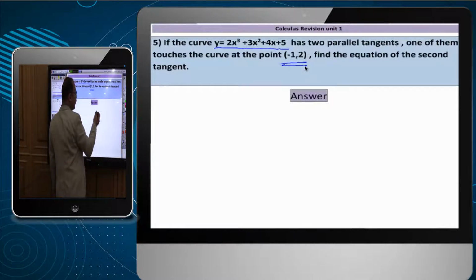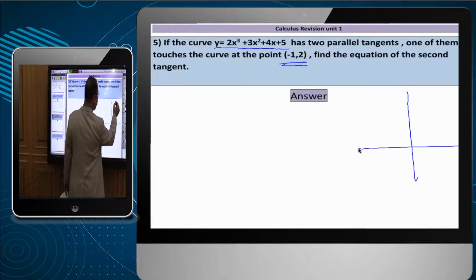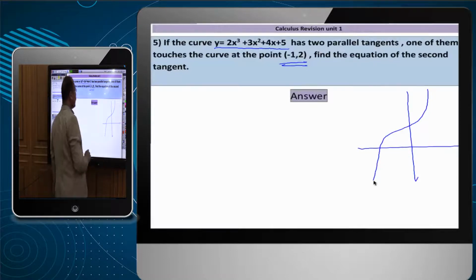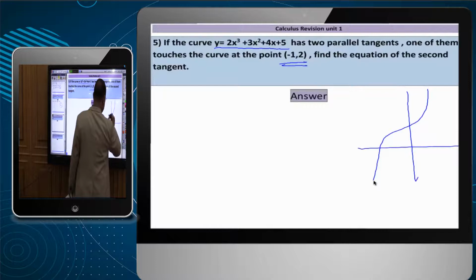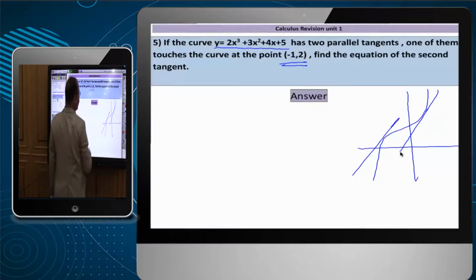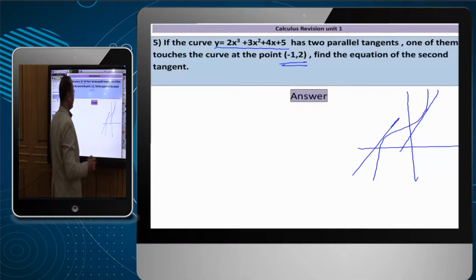If we try to imagine this curve, it will be something like that. Because it is a cubic equation, it has 2 parallel tangents, like that. One point is -1 and 2, the second point is required.